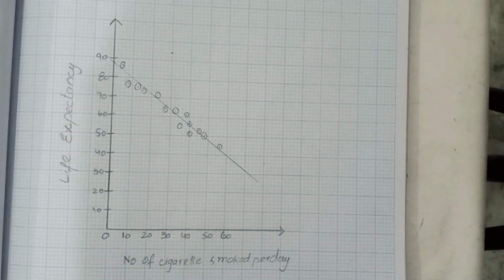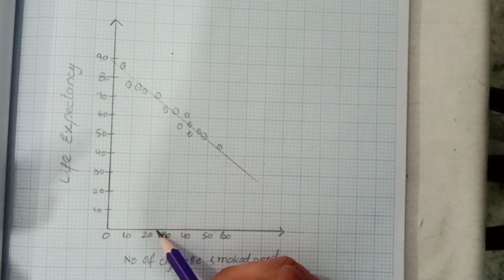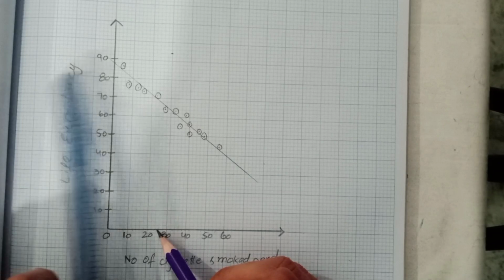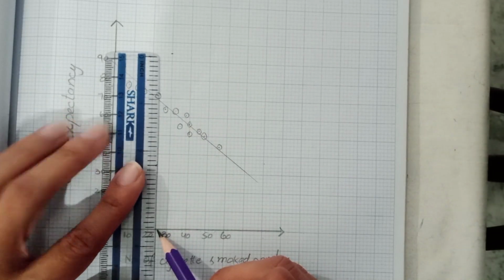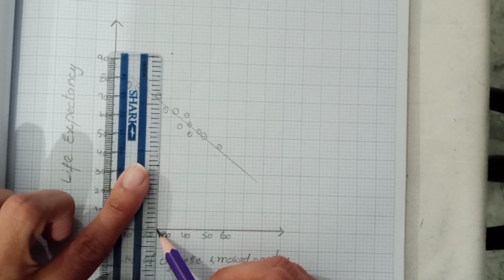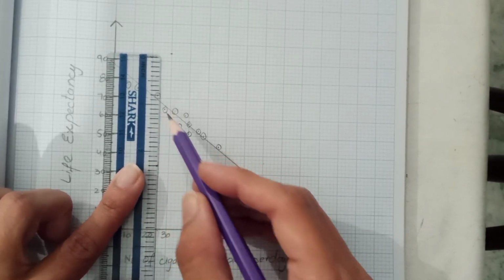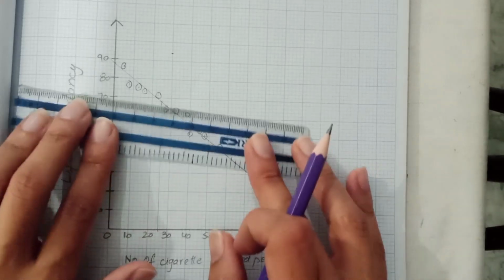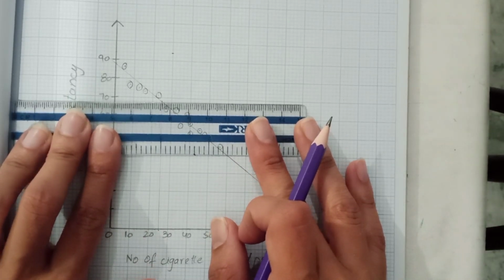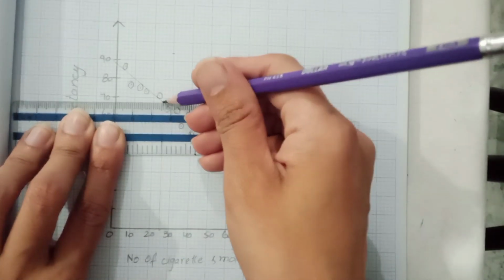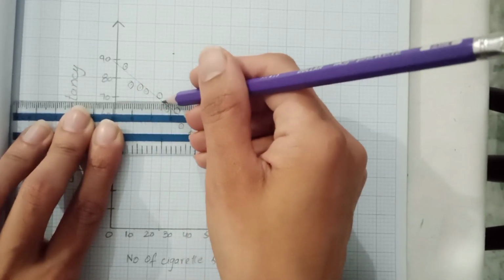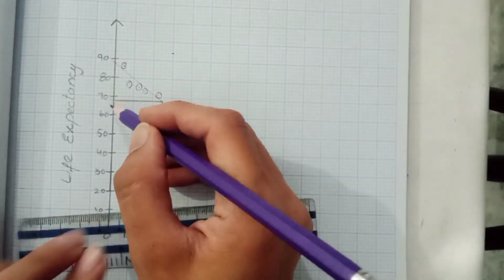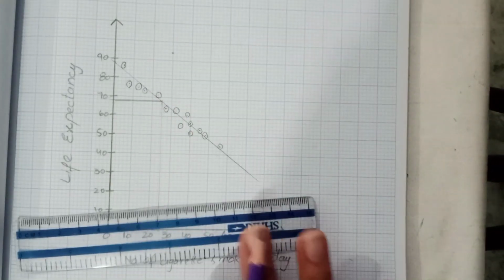Now from the graph we can observe that 25 is the number of cigarettes, and from the graph we can observe it is 68.